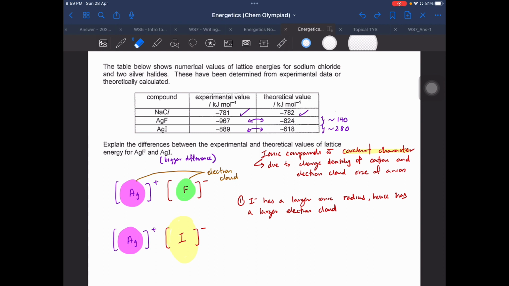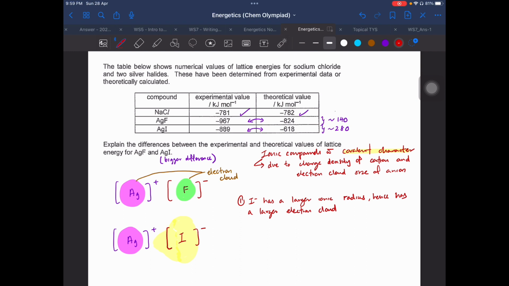What happens is that because of the ability of the cation to pull electrons towards itself, what will most likely happen is that for your iodide ion, the electron cloud will not be so nicely confined within the iodide ion. Instead, there's a tendency for it to be dragged a bit closer towards the silver ion because of the ability of the silver ion to distort the electron cloud.